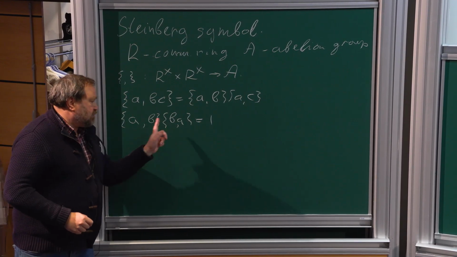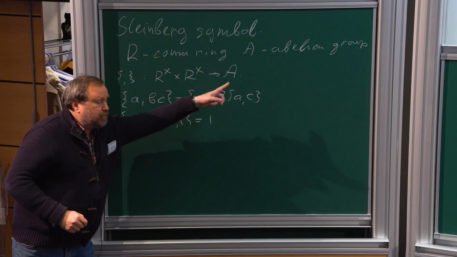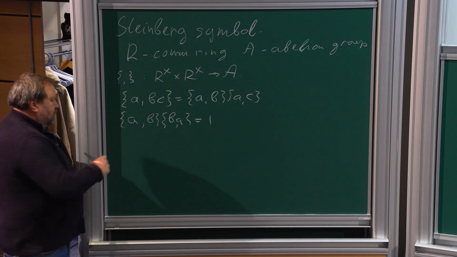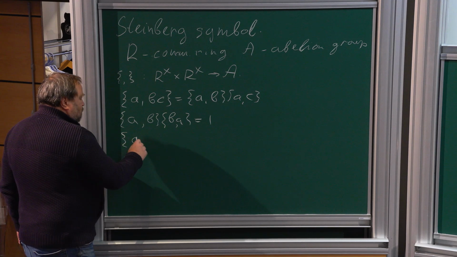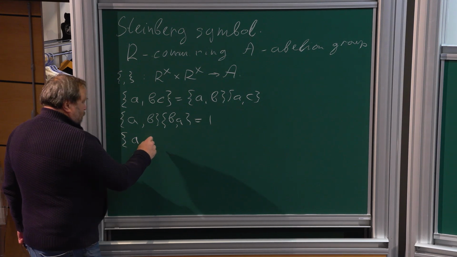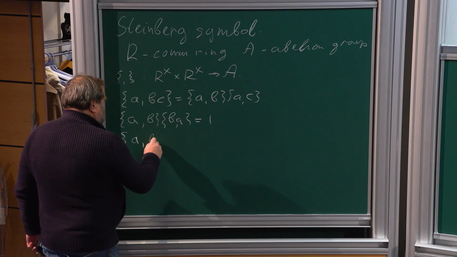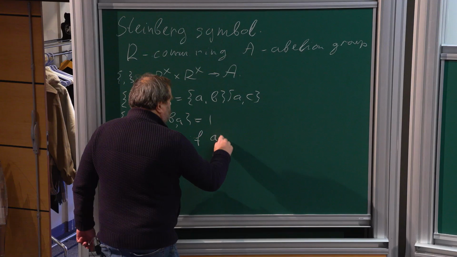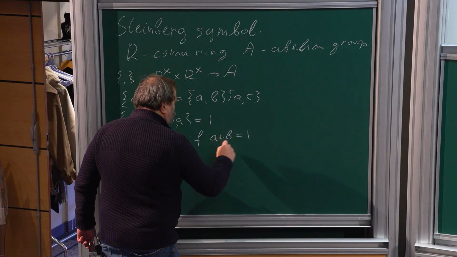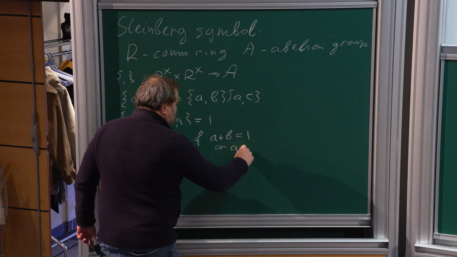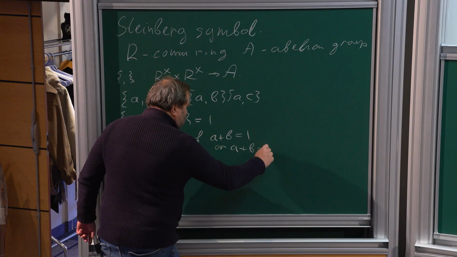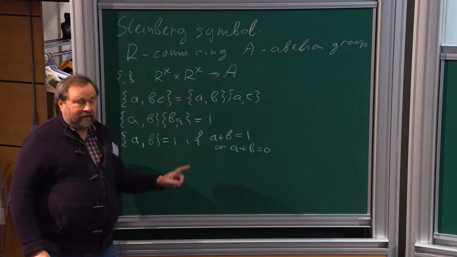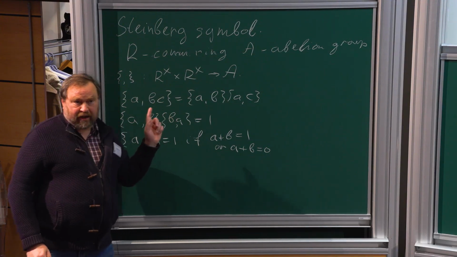Once again, I write the group multiplicatively, so this is the only operation of the group. And then {a, b} equals 1 if a plus b equals 1 or a plus b equals 0. It's the only place where you use the ring structure of the ring.